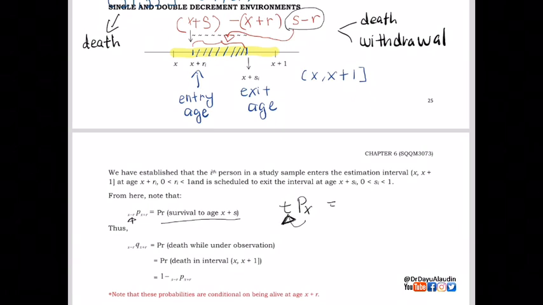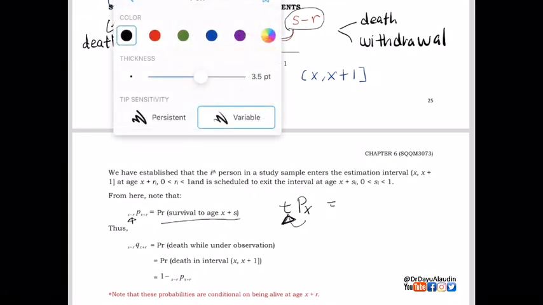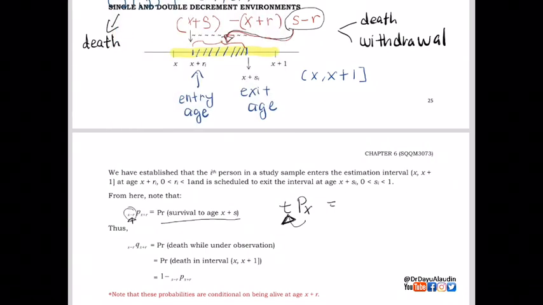The time here is s minus r, just the period. We do not consider the age. So t is s minus r here. So this is the probability of survive, and you are really familiar with this notation. And also we have probability of death, where the relationship between probability of survive and death is 1 minus p, and we get qx.